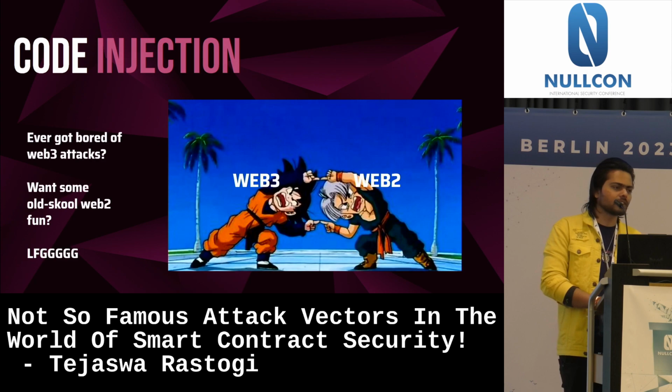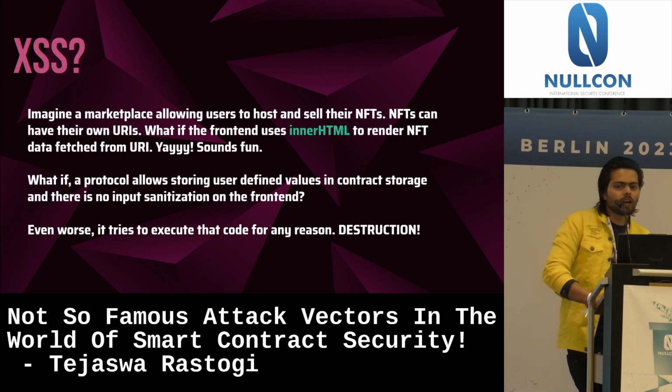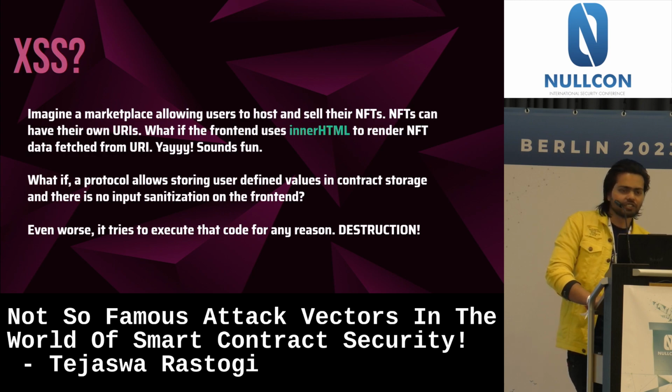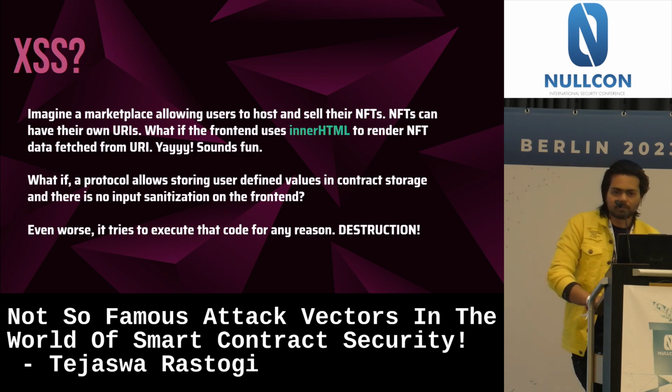Because protocols, you must have seen and interacted with their project sites, right? Fetching values from their smart contracts, all that stuff. Cool. So what if we are allowed to store any value in the storage, and that's being fetched on the front end without any sanitization? Let's say a contract is storing usernames, let's say my name, Tejas.